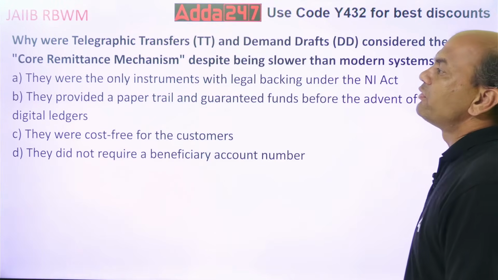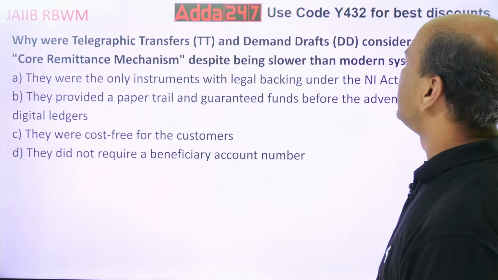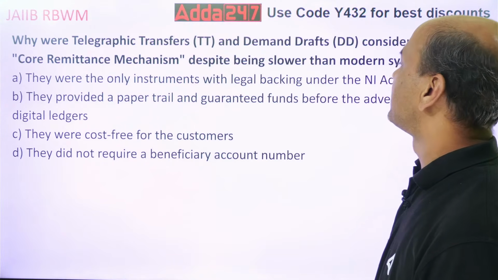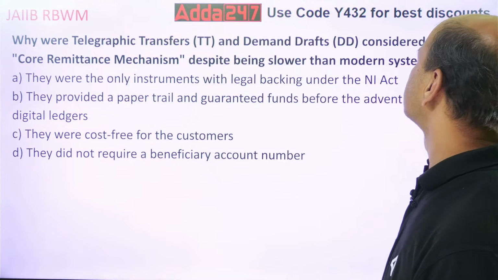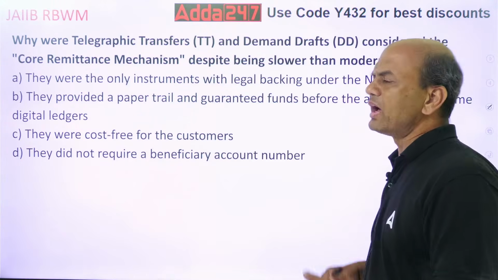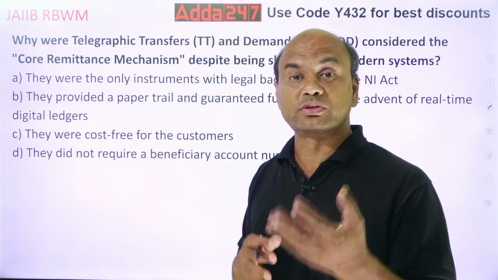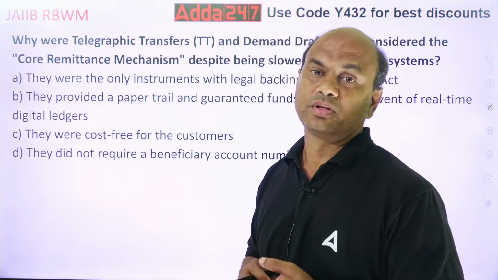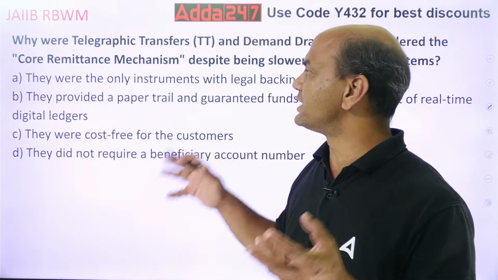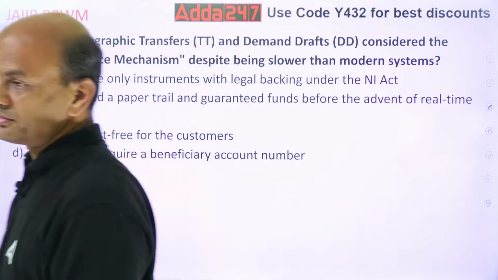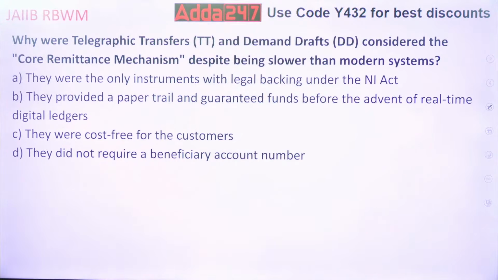Why were telegraphic transfers and demand drafts considered the core remittance mechanism despite being slower than modern systems? So why was this TT, telegraphic transfer means what? It is related to forex, dollars, and demand draft, core remittance mechanism. They were the only instruments with legal backing under the NI Act.